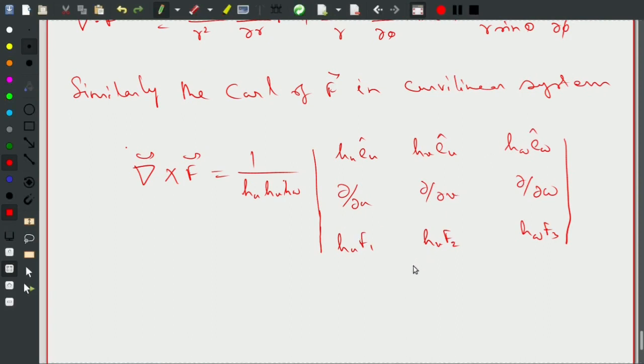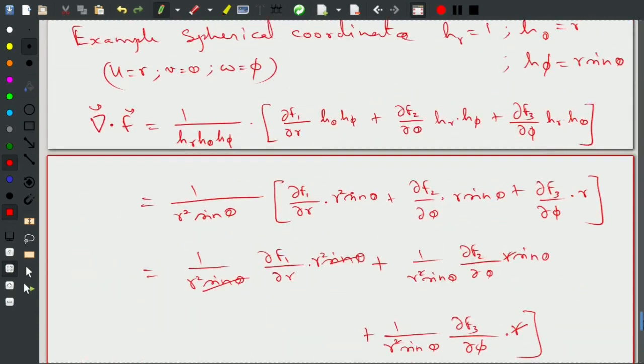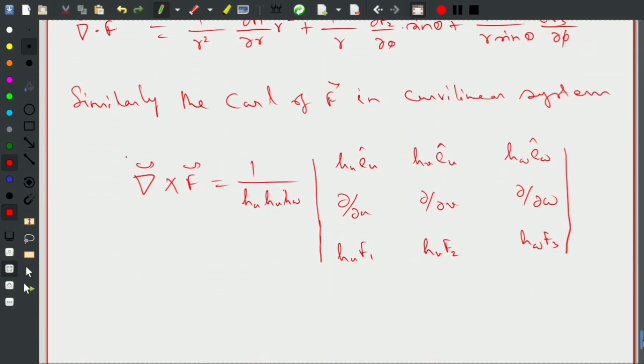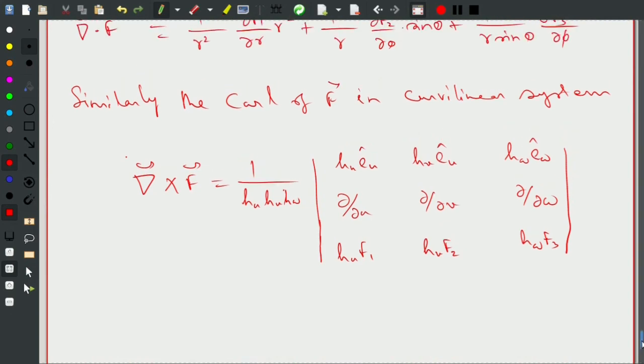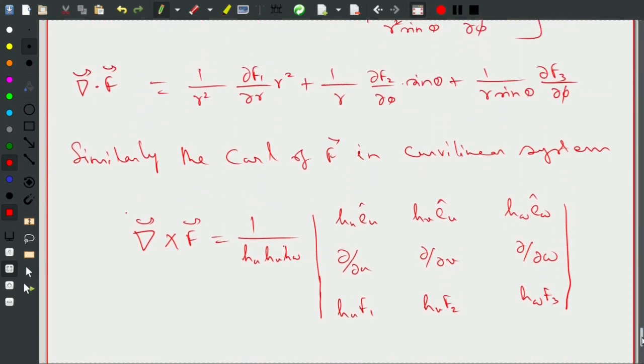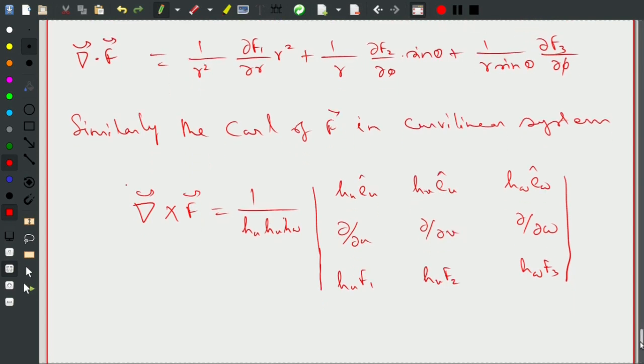So with this we have finished the last part of the vector calculus in our syllabus, which is about vector operators in curvilinear systems. We have also included some examples of using this curvilinear system to find the vector operators in spherical coordinates.